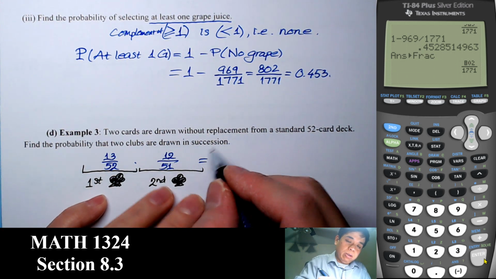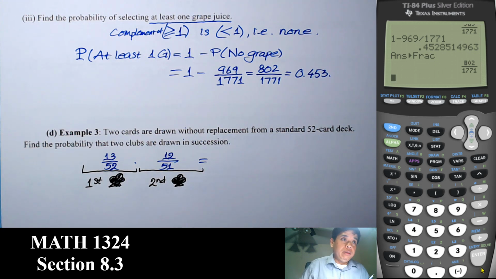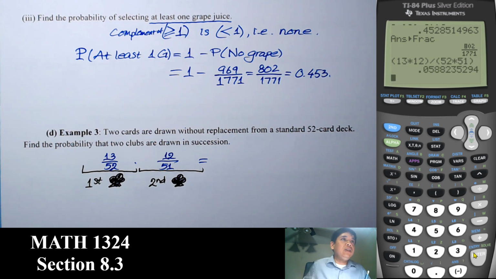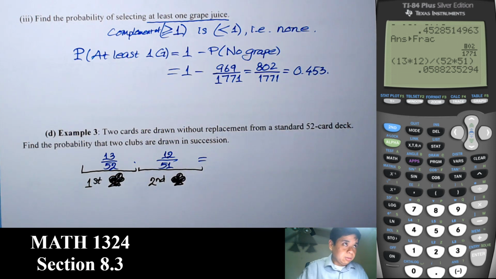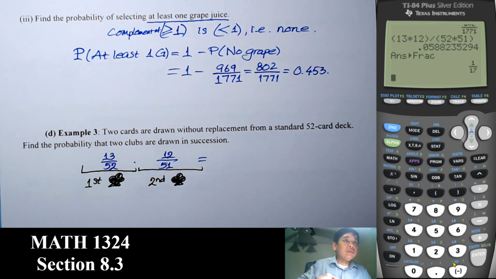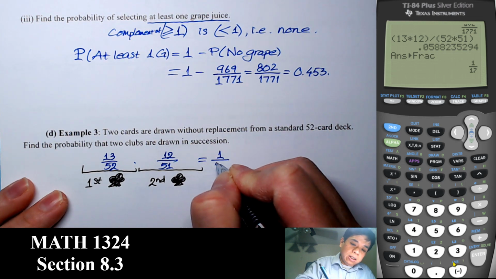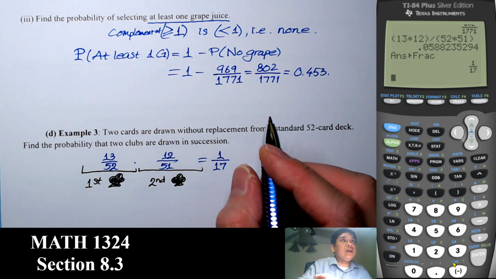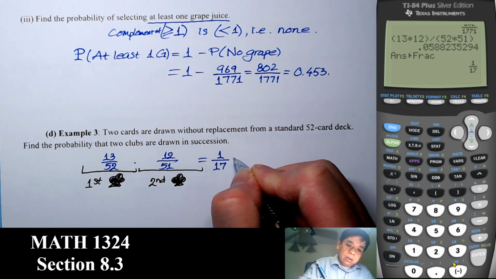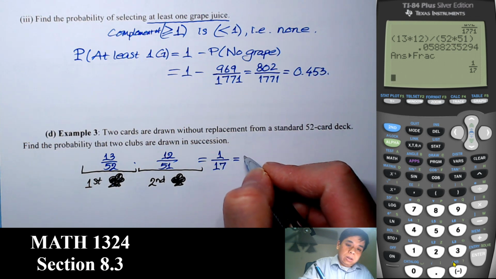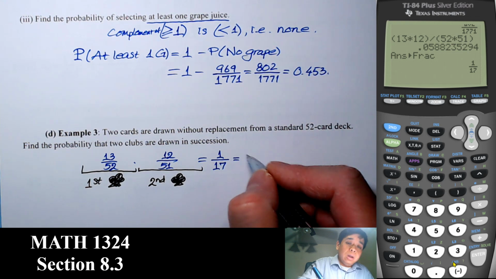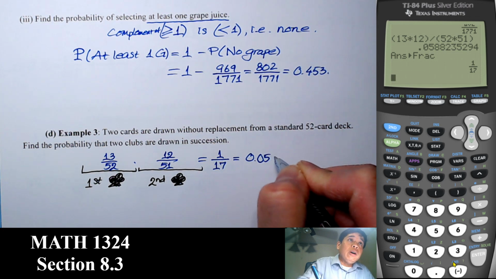We have 13 times 12 over 52 times 51. So that gives us 1/17, or 0.0588.